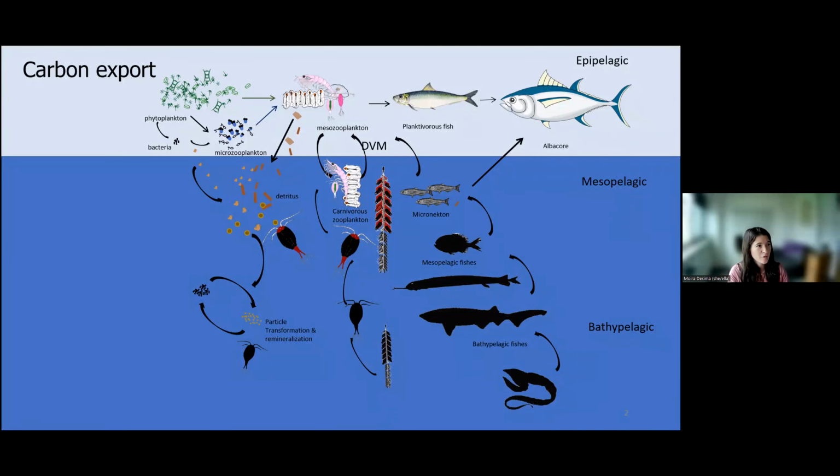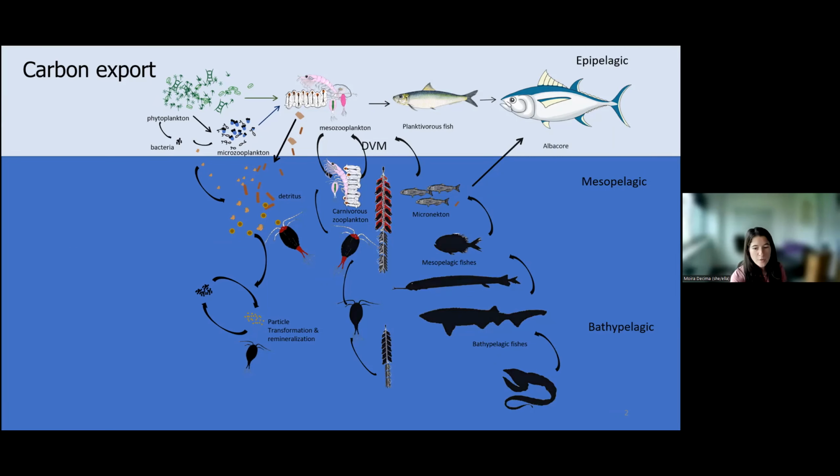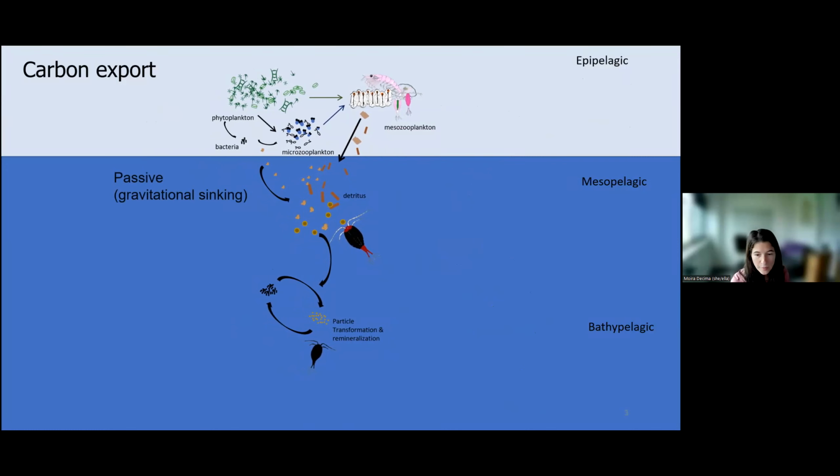And in this diagram, we're including both passive components of the biological carbon pump and the active ones as well. But for my talk today, I'm going to focus really only on the passive or gravitational sinking part of the BCP. And that includes generally all types of particles that sink from the epipelagic down deep.